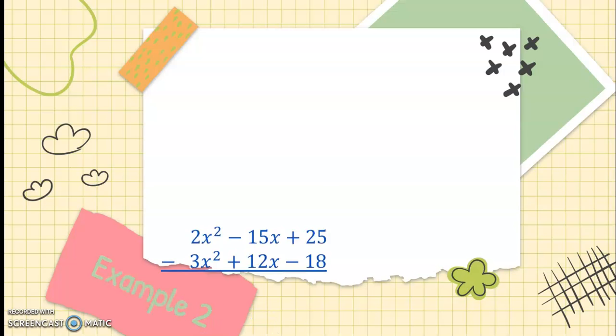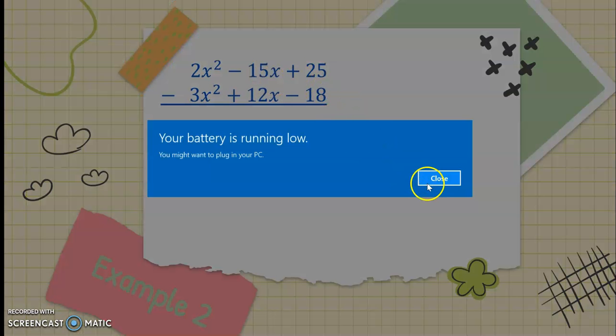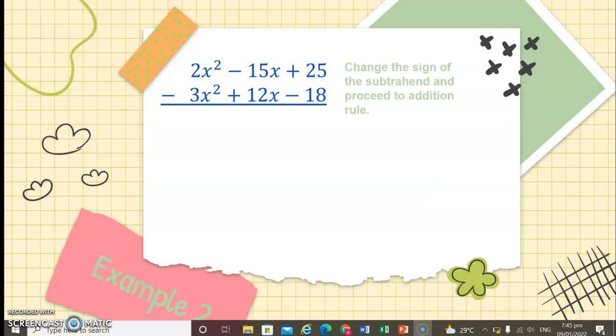Next, example. So, example number 2. So, let's subtract. This time, polynomials na. This is already trinomial. So, 2x squared minus 15x plus 25, minus 3x squared plus 12x minus 18.